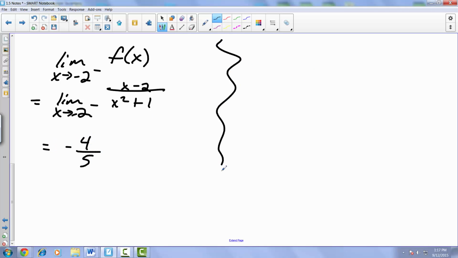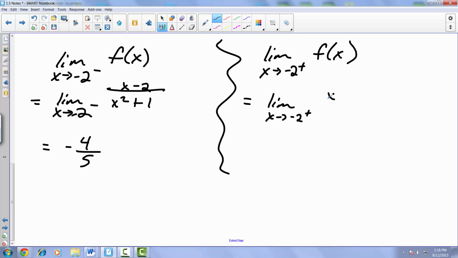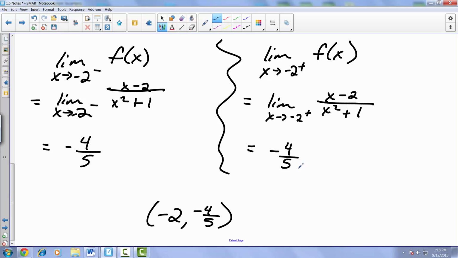Likewise, when we take the limit as x approaches negative 2 from the right side of that simplified version, again, just using direct evaluation, you get the exact same thing, negative 4/5. And as a result, the one-sided limits end up matching, and so we should see a hole at negative 2 comma negative 4/5. And this actually makes sense both from the left side and the right side.